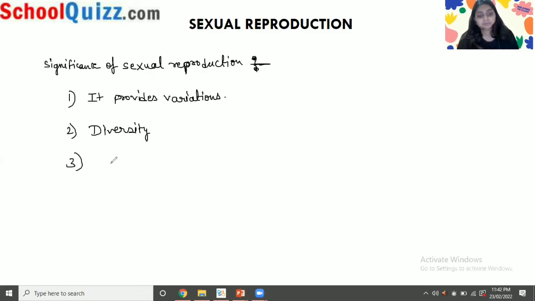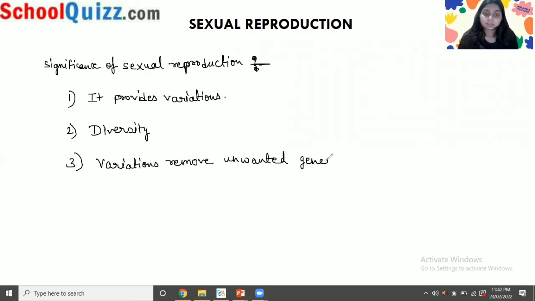Number three, variations remove unwanted genes and lower the risk of getting diseases.